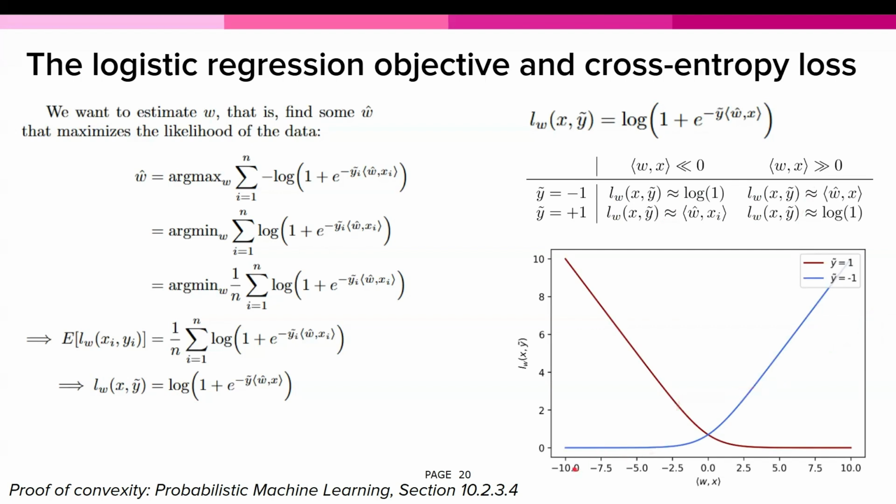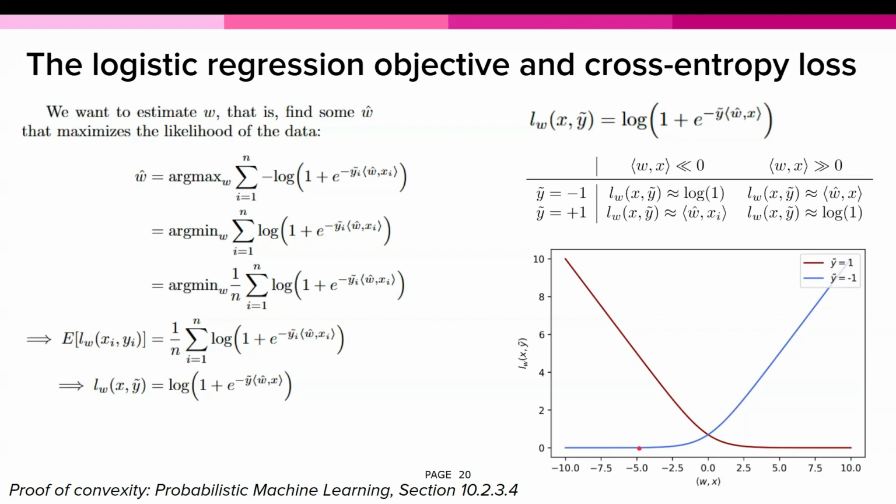What we have here is the linear predictor on the x-axis, the inner product between parameters and feature vectors, and then this cross entropy loss on the y-axis. For the negative class, shown in blue here, when there's strong disagreement between the predicted label and the actual label, the loss increases linearly with the inner product.